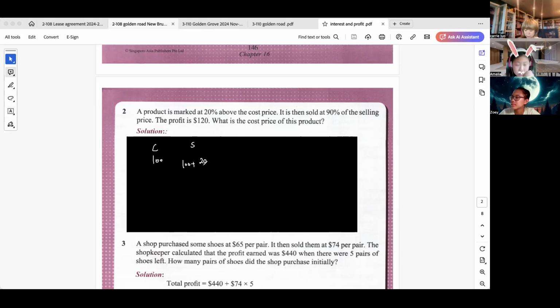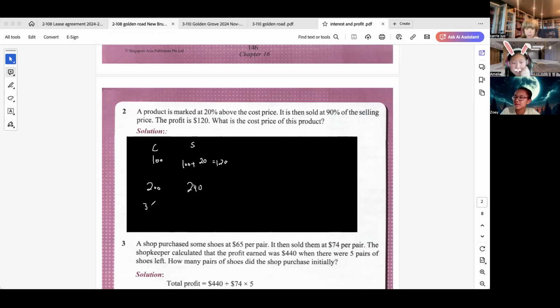So the selling price is what? 120. Yes, 120. Get it? So if the cost is 200, Zoe, can you tell me the selling price will be what? 240. Very good. Get it?